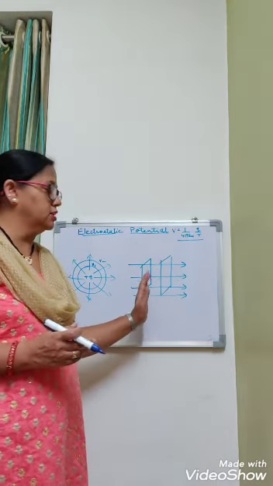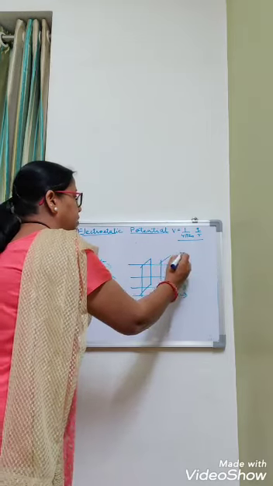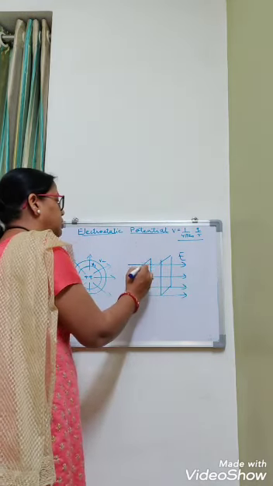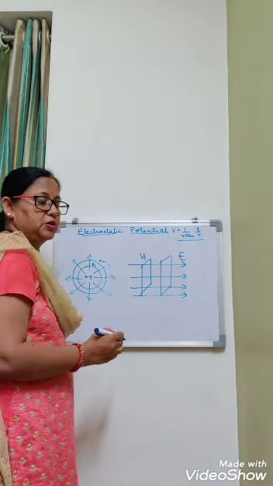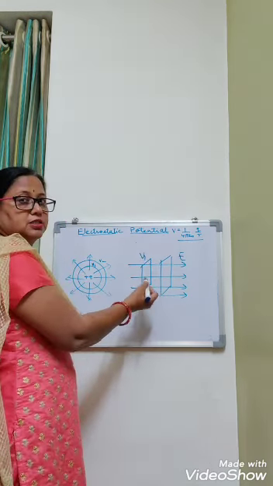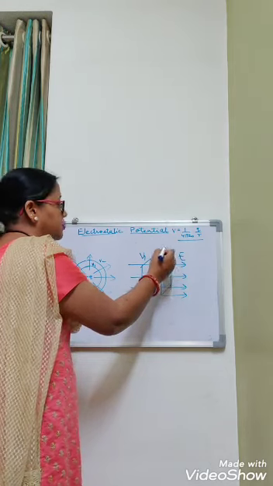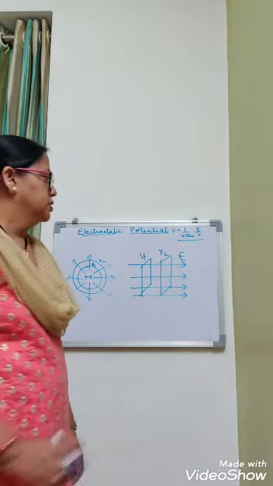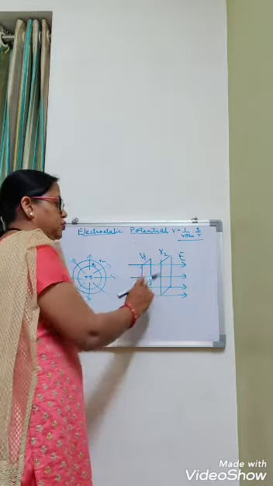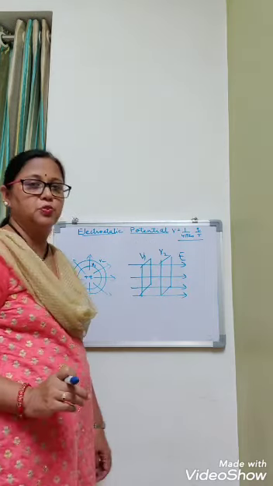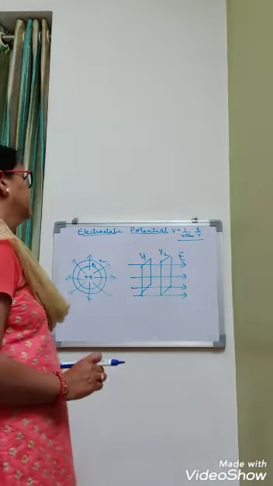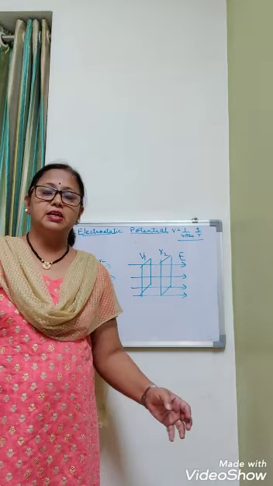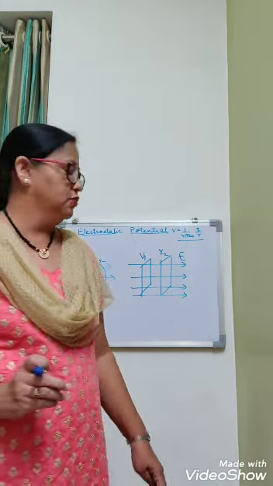So a surface perpendicular to the uniform electric field is an equipotential surface with a certain potential, say V1. On this the potential will be the same. This may be say 10 volts, this may be 20 volts, but everywhere on a given surface the potential will be the same. In this way, for different types of surfaces, we can draw the equipotential surfaces.